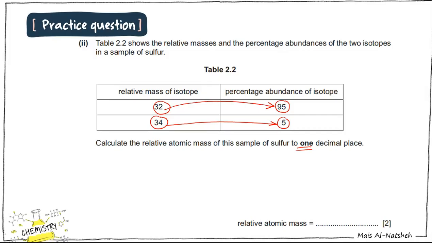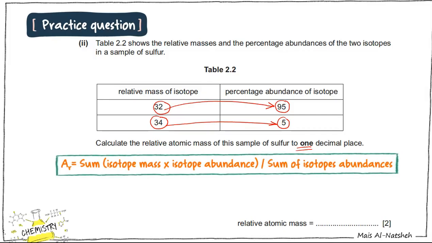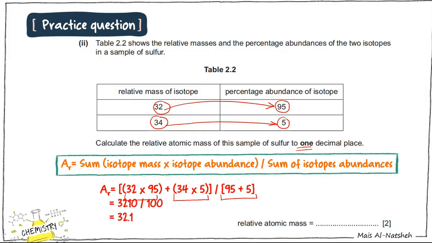Then divide the sum of these values by the sum of all abundances, 95 plus 5, which is 100. Do your calculations and you will find that the relative atomic mass equals 32.1. Remember to put your answer to one decimal place.